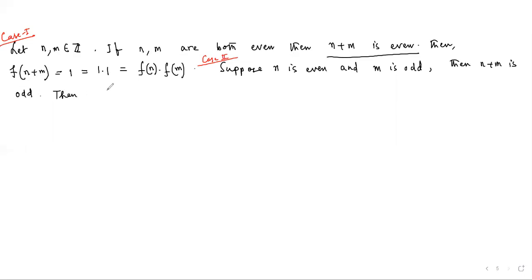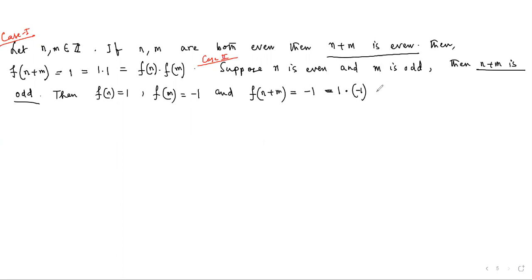Then by definition f(n) is equal to 1, f(m) is equal to -1, and f(n+m), since it is odd, is equal to -1, which is 1 into -1, which is f(n) into f(m).